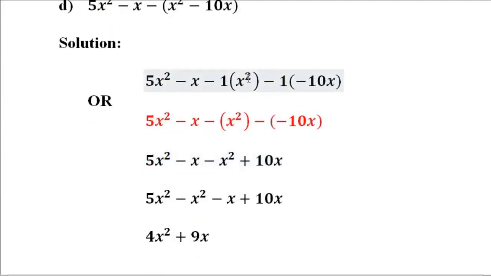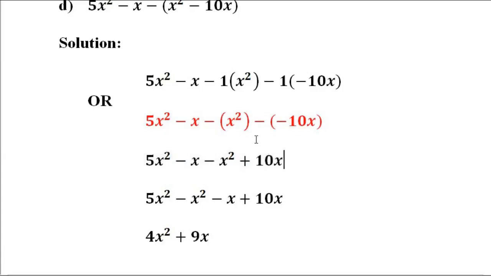Negative 1 times x squared gives us negative x squared, and negative 1 times negative 10x gives us positive 10x.